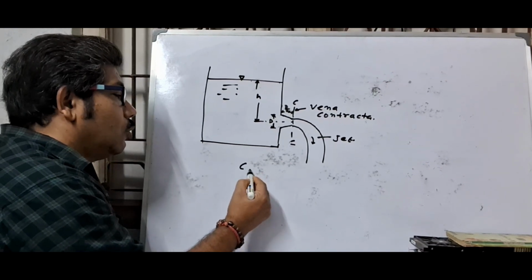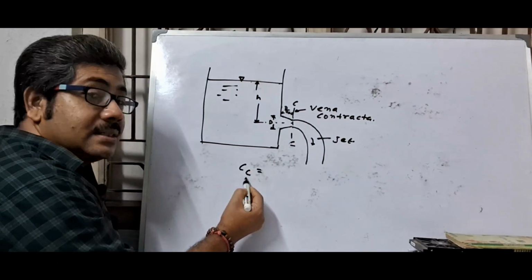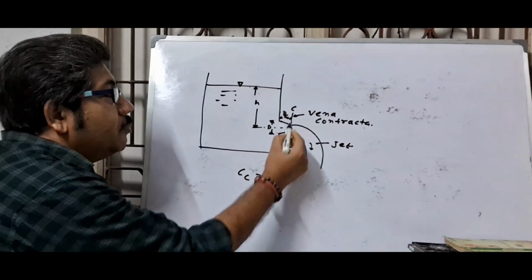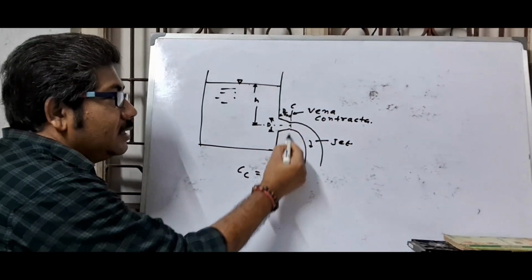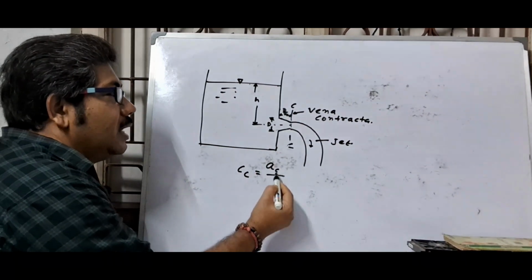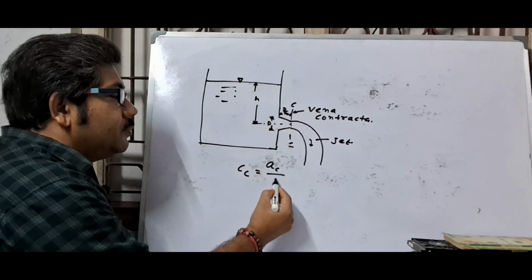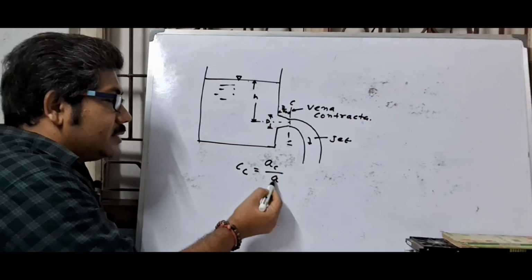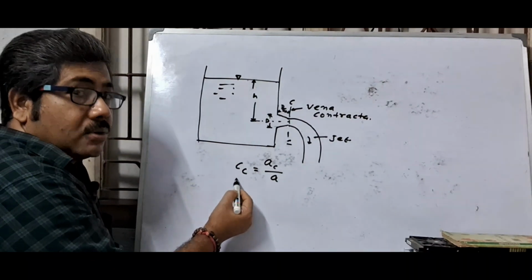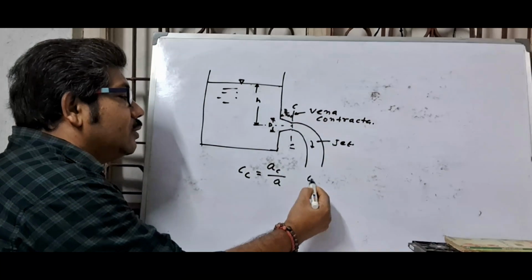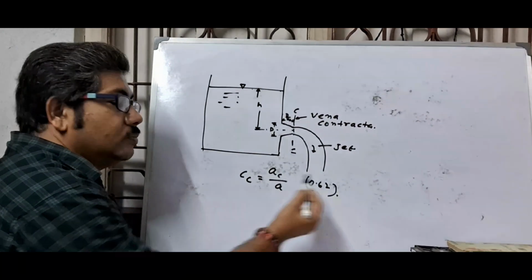First of all, coefficient of contraction, C suffix C. It is the ratio of the area of vena contracta, A suffix C, and area of orifice, A. This ratio is called coefficient of contraction, and generally this value is 0.62.